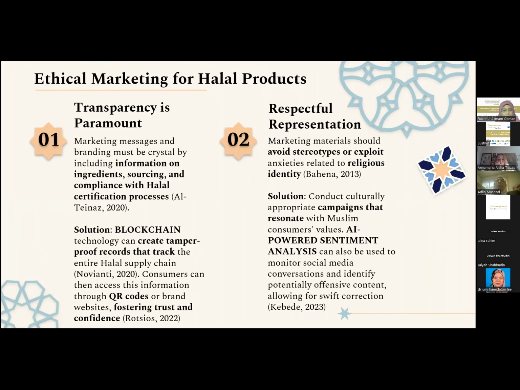They must show the label about the ingredients, the sourcing, and the halal certification process. You can see in a lot of halal products there is a logo. But whether the logo is from a reputable halal certifying body or not, that's a different matter.